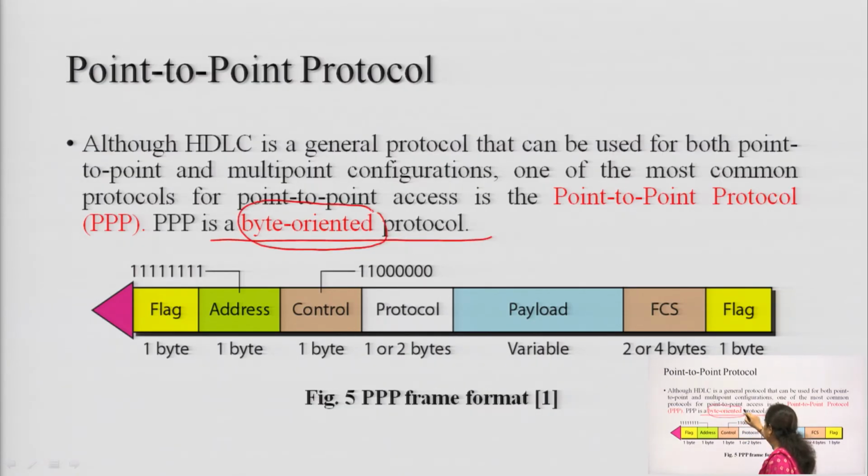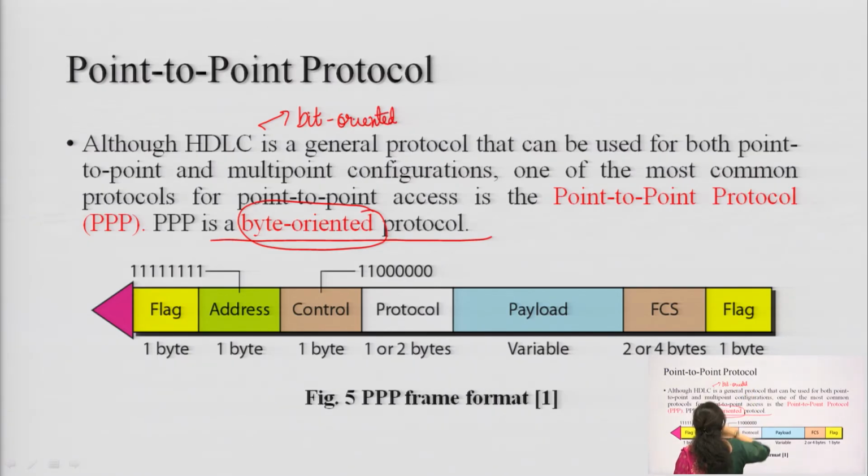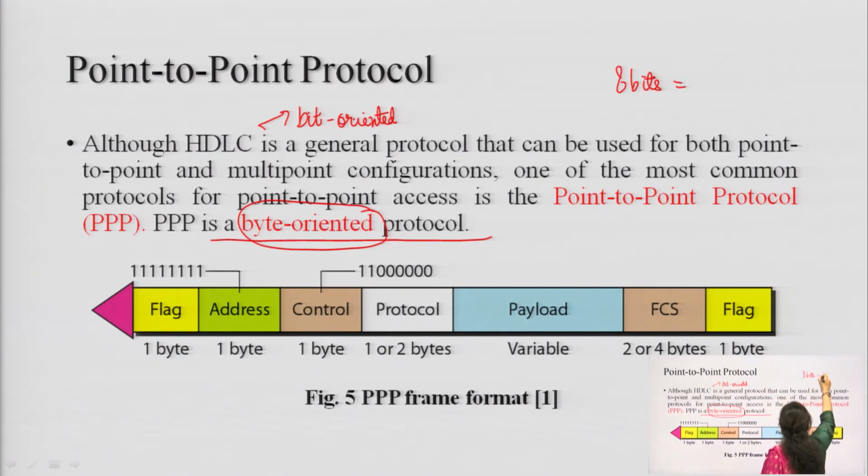Now, HDLC is a bit oriented protocol. There is a difference between bit oriented and byte oriented. In both cases you have to transmit 1 or 0, but the number of bits that are transmitted in PPP, the point to point protocol, is higher as compared to HDLC, because in HDLC we transmit bits, and if you remember, 8 bits equals 1 byte.